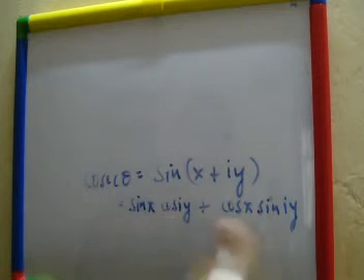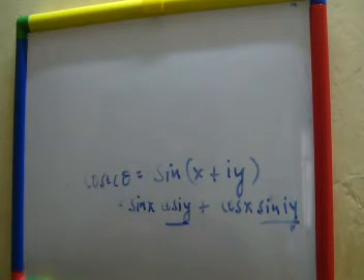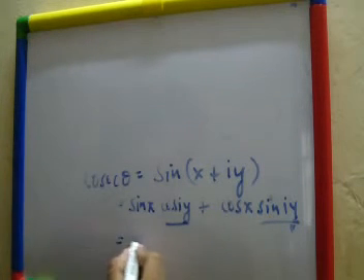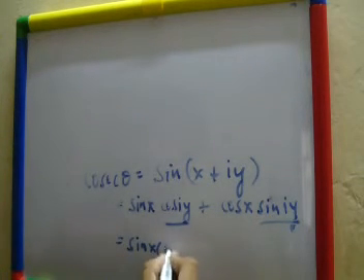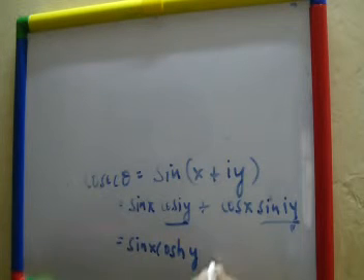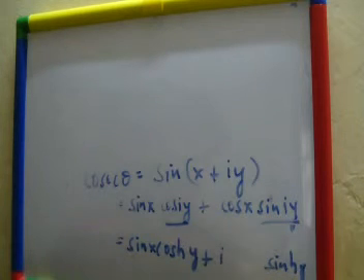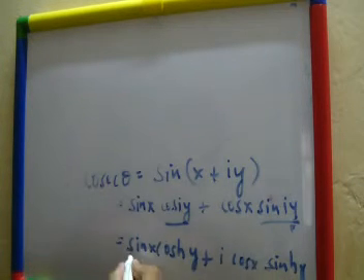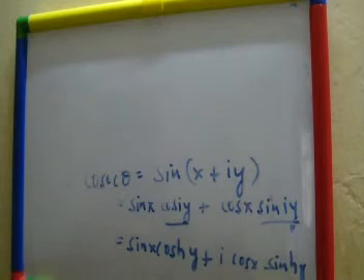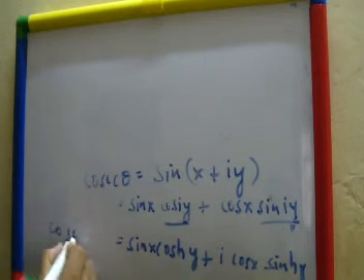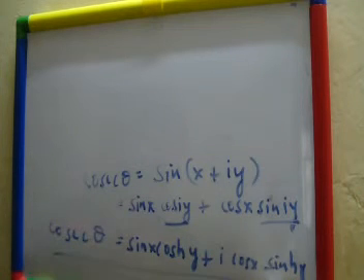Now cos iy and sin iy. Cos iy is nothing but cos hyperbolic y, and sin iy is nothing but i sin hyperbolic y. Cos x and sin x will remain as they are. So therefore cosec theta is equal to this entire equation.